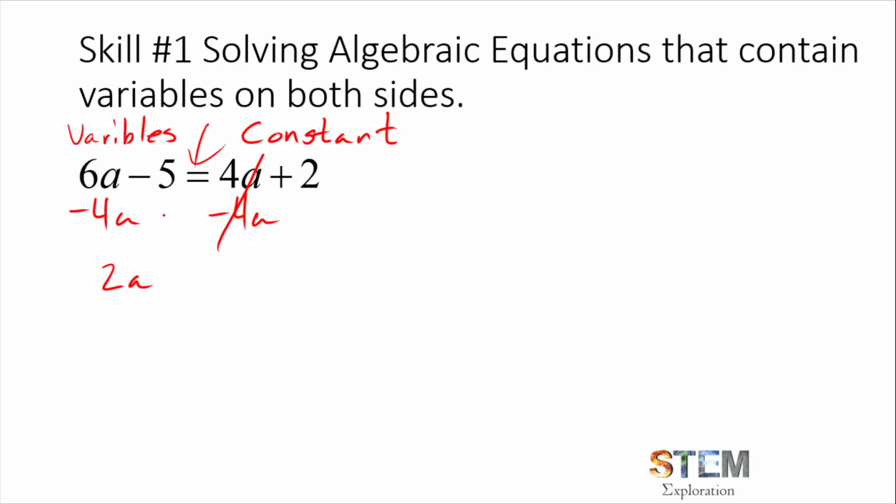Negative 5 is a constant, so I want to move that over to the other side by plugging in its opposite. Negative 5 plus 5, those would cancel. 2 plus 5 is going to equal 7. Once we get that, we can divide both sides by 2, get a all by itself, and see that our answer is equal to 7/2 or 3.5, depending on what your preference is.